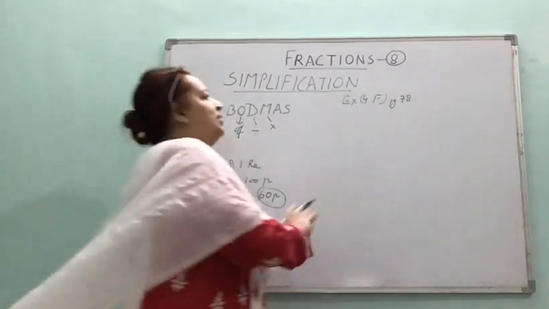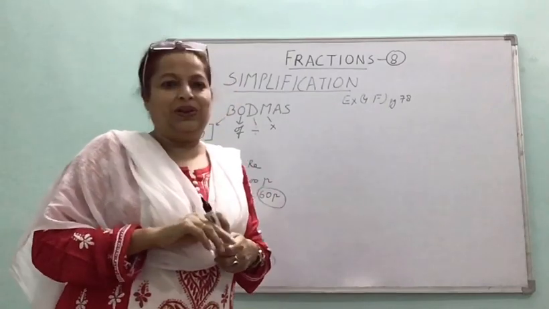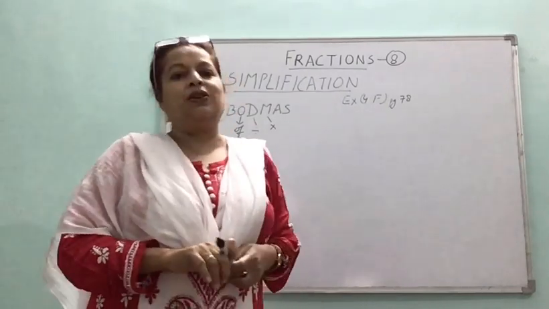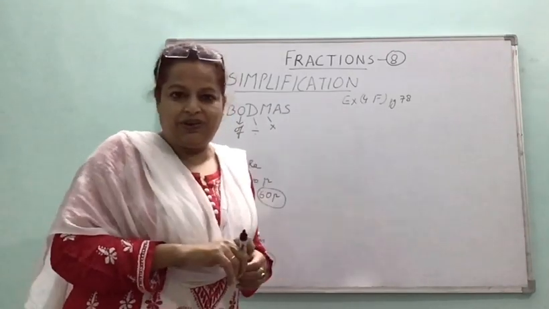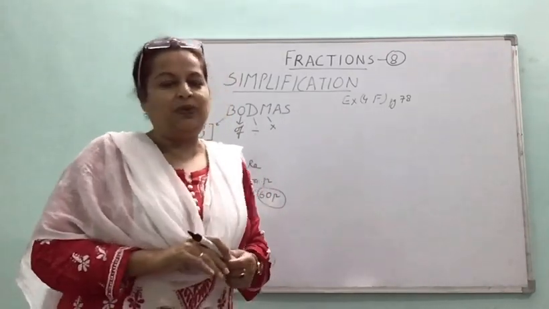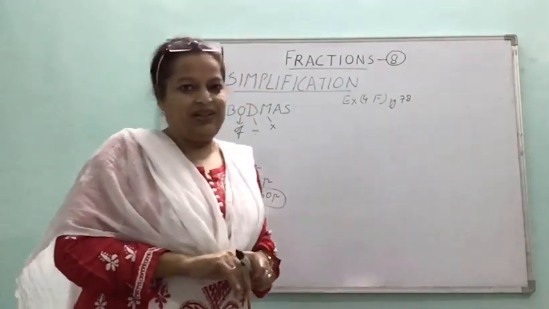In the previous exercise also I said the best is that you do all the questions, but if there is a lot of homework and you have less time, because now I am doing more videos so that we can finish this chapter quickly, you can do even questions.